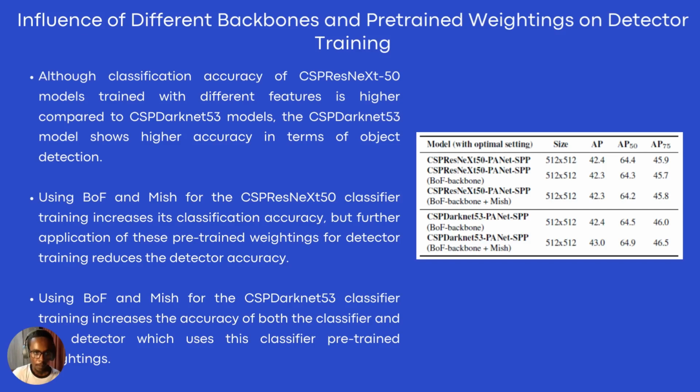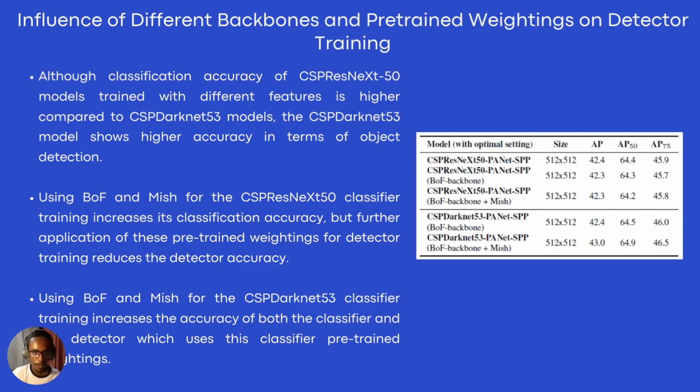So when they implemented the Bag of Freebies and mish activation function for the classifier using the CSP ResNeXt50, they got higher accuracy for the classification, but lower accuracy for the detector. But when they used the Bag of Freebies and mish activation function for CSPDarknet53, for the classifier, it increases the accuracy, and also for the detector, it was shown that it increases its classification and detection accuracy.